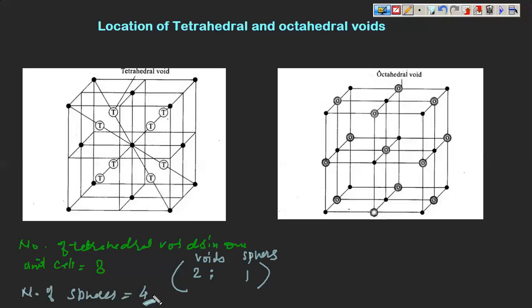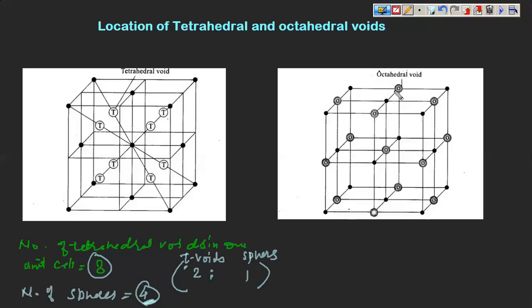Per particle there are 2 voids. So 4 are the particles in a unit cell and 8 are the tetrahedral voids, so 4:8 means 1:2. If there is 1 sphere in the unit cell, the voids are 2. If there are 100 spheres, the tetrahedral voids will be 200. T voids, you can say tetrahedral voids, and O voids, octahedral voids.